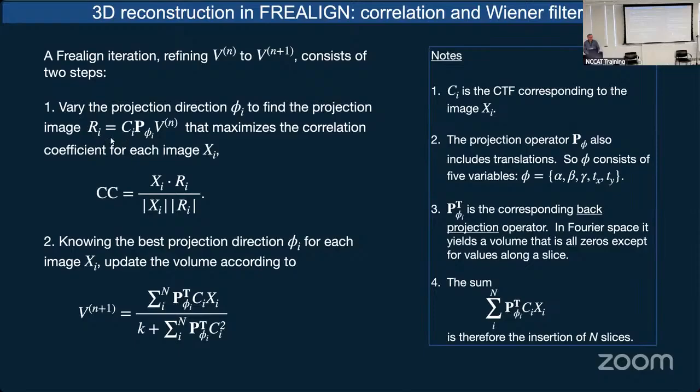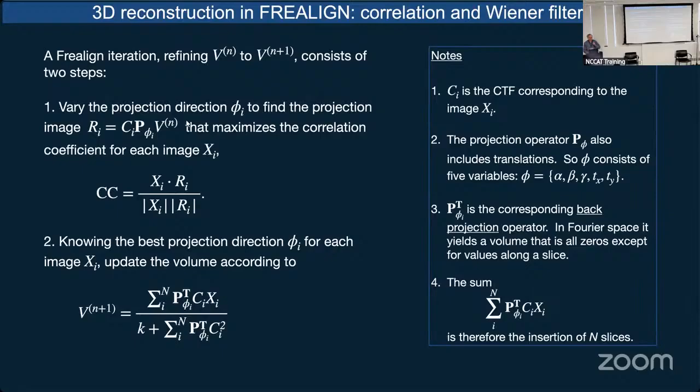The basic idea is we vary the projection direction, which I call phi, to find the projection reference, R, which is the volume operated on by a projection operator and multiplied by the CTF. So we have a reference which is a CTF modified projection of the volume. That's what I was just showing you in that animation.